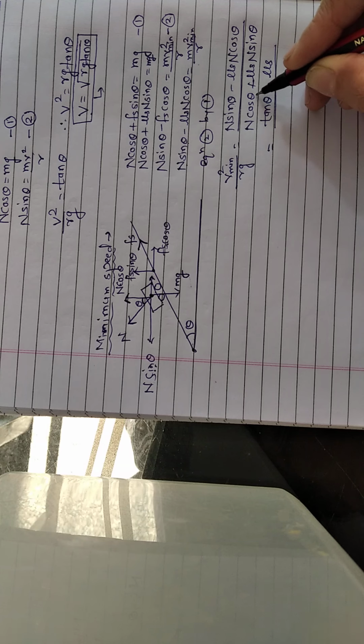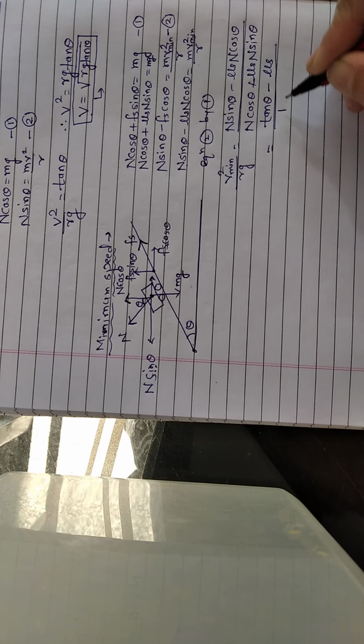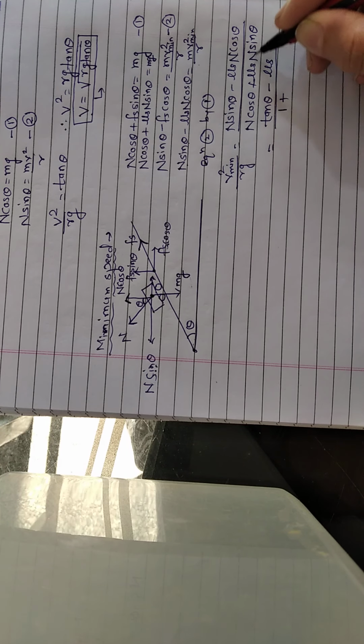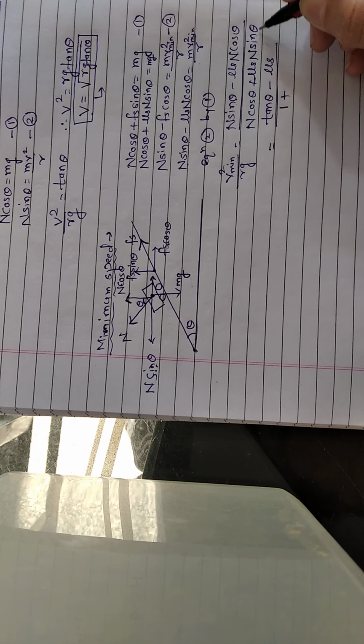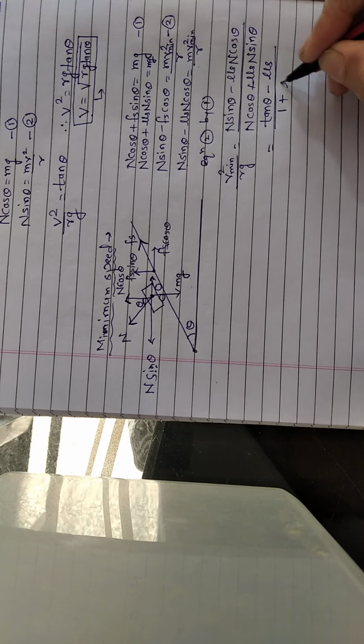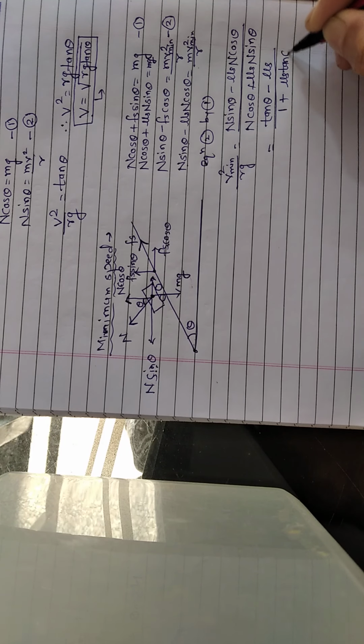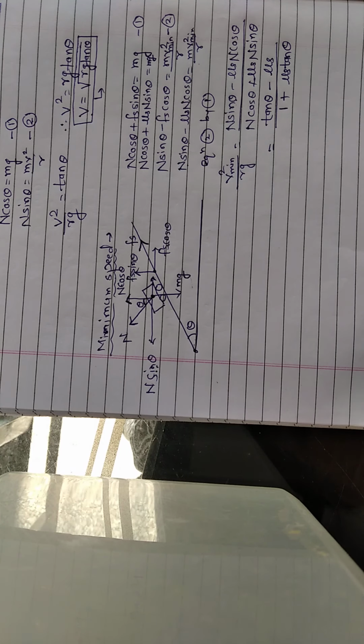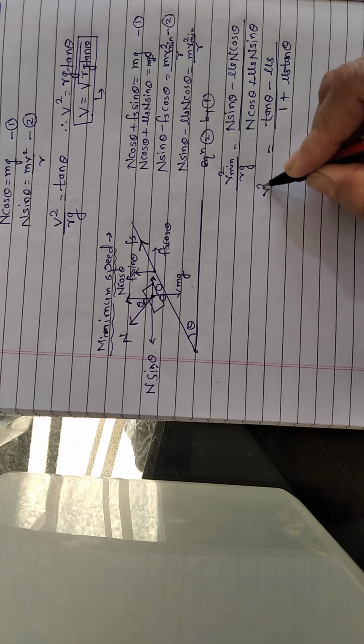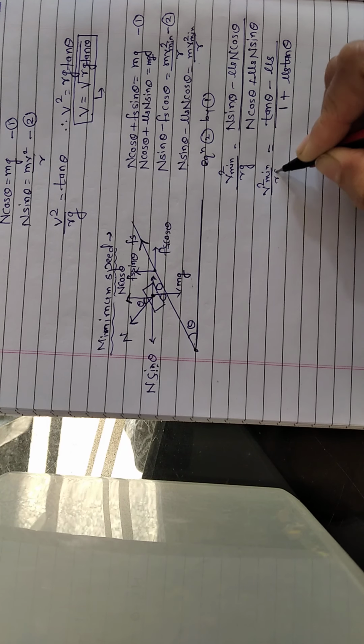Here also N cos theta divided by N cos theta is 1, plus mu s N sin theta divided by N cos theta. N will get cancelled and sin theta upon cos theta, so it will be mu s tan theta. So this is v square minimum upon rg.